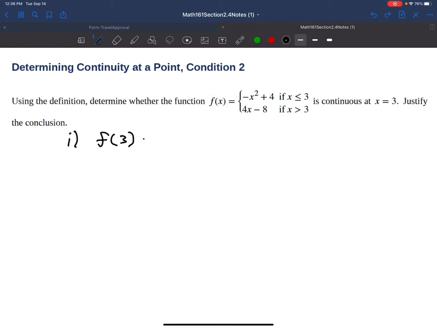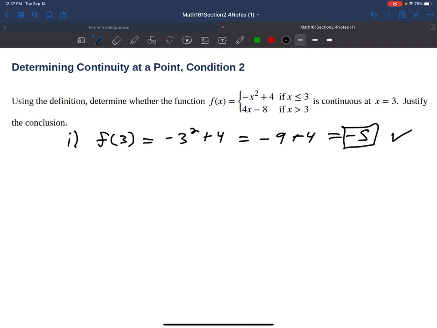So this is equal to 3. So it's going to be negative 3 squared plus 4, which is negative 9 plus 4, which is negative 5. So yes, criteria 1 is met. This function is defined at 3.